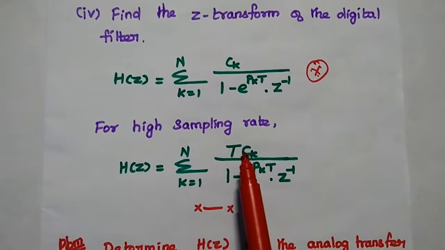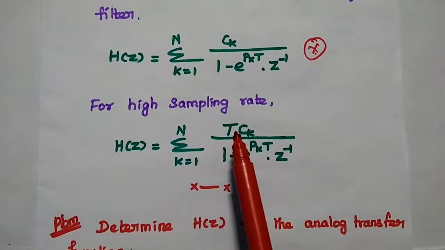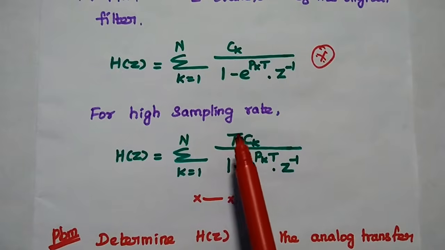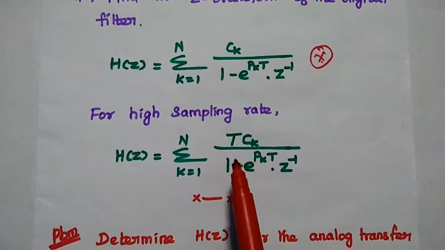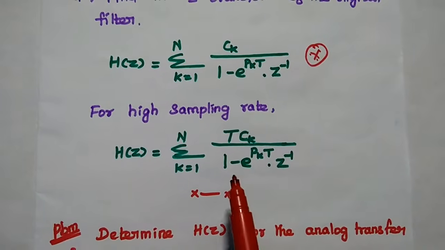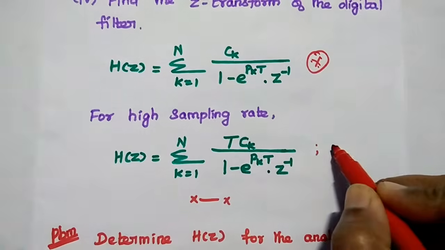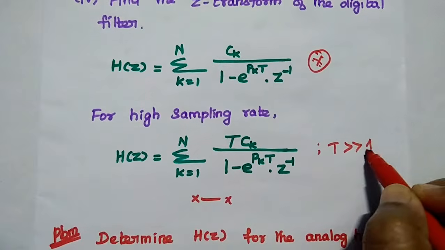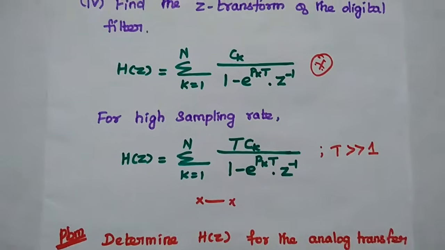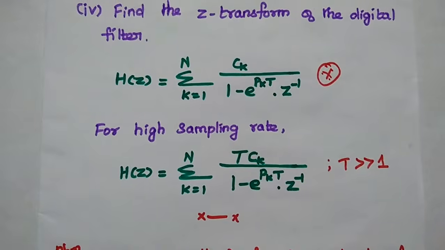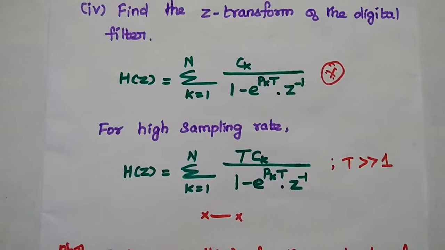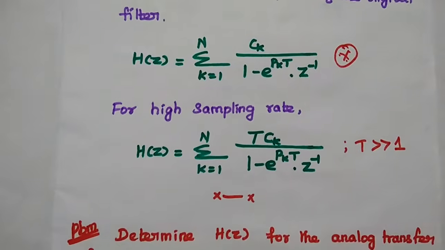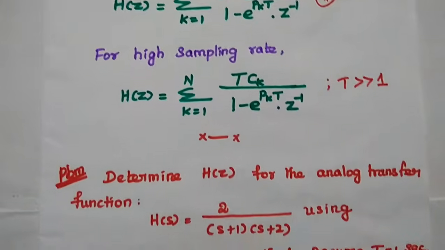For high sampling rate, we have to multiply the numerator with the sampling period. This is for high sampling rate values, that is, if T is greater than 1, we can use this method. So these are the design steps for an IIR digital filter using impulse invariance method.